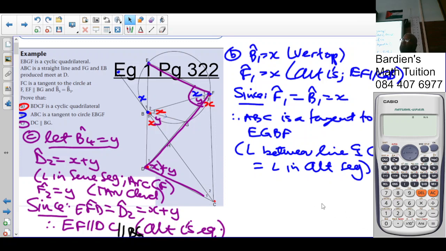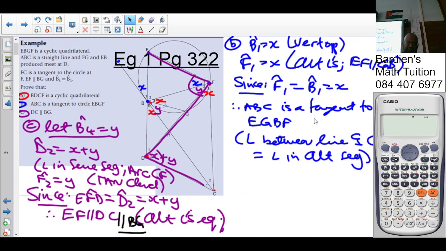How do you mean 8 marks? 4 on the first question, 4 on the second, and 3 on this. Why? Because we have used angles in the same segment. We've used the tan-chord theorem already. So there's 1 mark. The second mark is here. And the third mark is concluding properly.